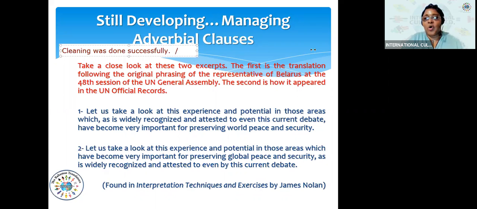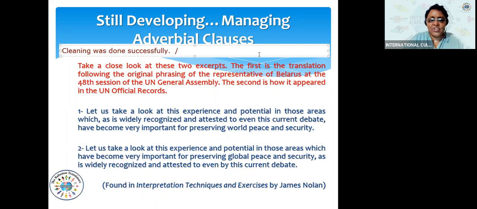So I'm telling my boss cleaning was done successfully, but now we have Spanish. And if cleaning was done successfully, we were not speaking about anyone specifically. So the intention of the expression of that clause was impersonal. Therefore, I have to use in Spanish, for example, my generic se.